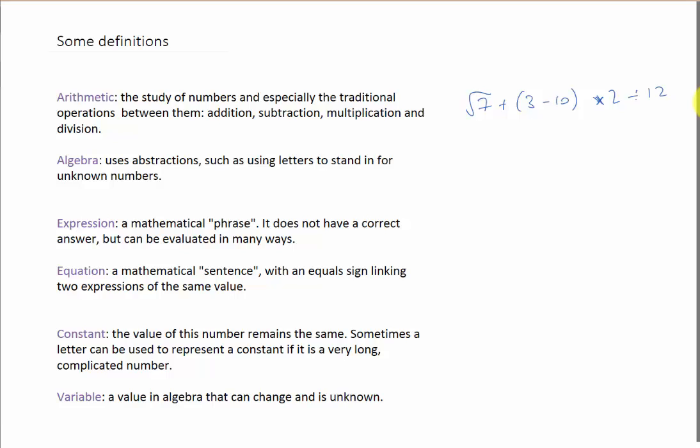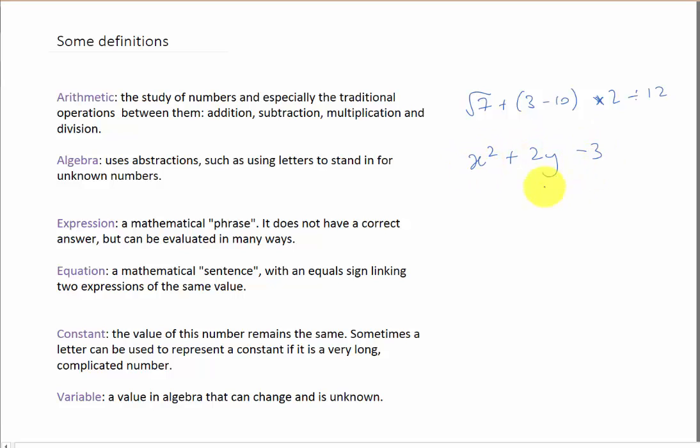Whereas algebra goes a step further and it uses abstract letters to stand in for numbers that we don't know what they are. So either this is because they're unknown, or it could be that they're allowed to take a variety of different values. So an example of that would be x squared plus 2y.